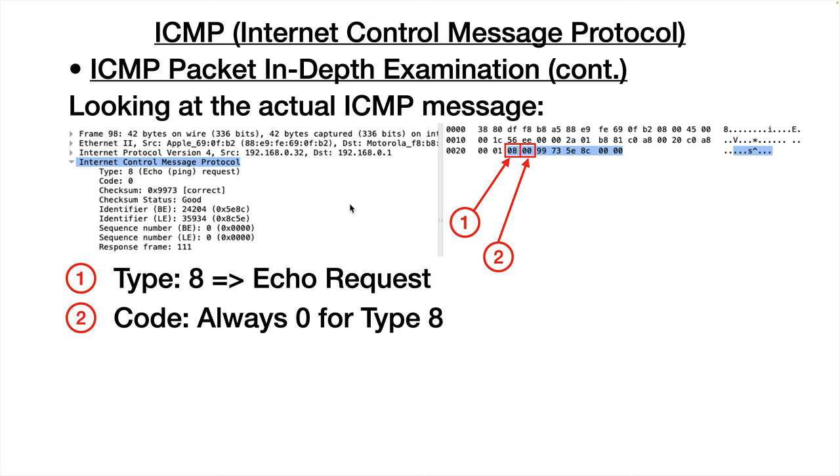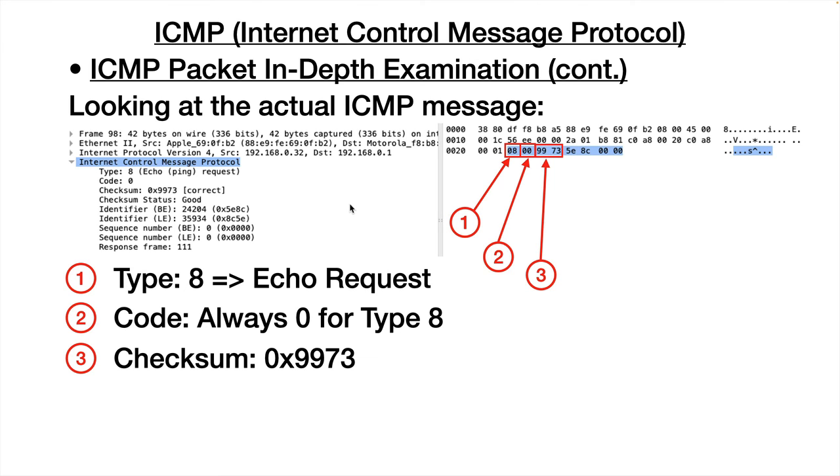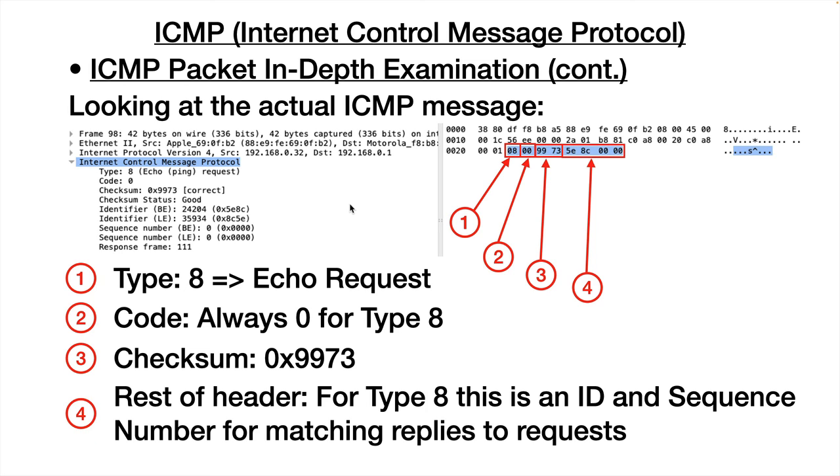For a type 8 echo request message, this is always going to be 0. Here's our checksum to make sure that everything's intact. And then the rest of the header is shown. For type 8, this is an ID number and a sequence number so that we can match up replies that are coming back to the process that generated the request.